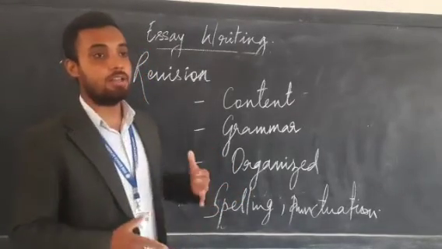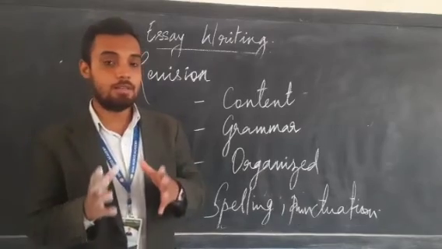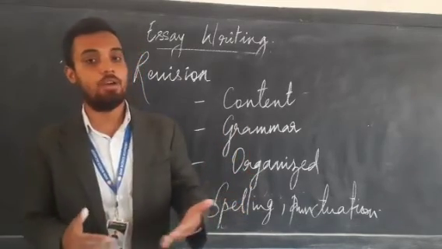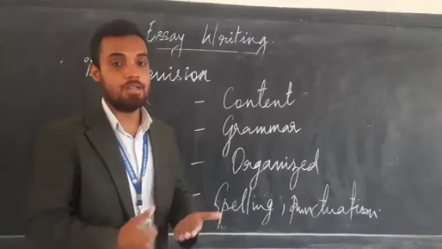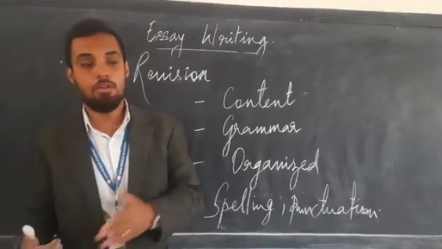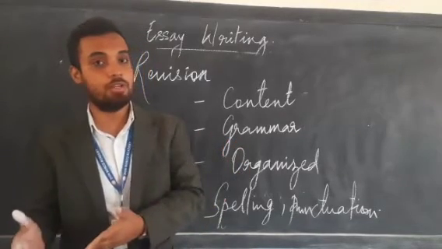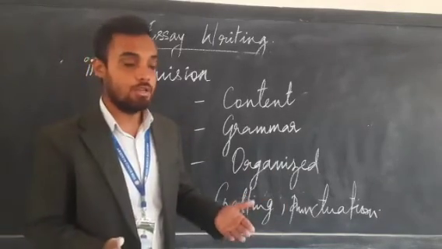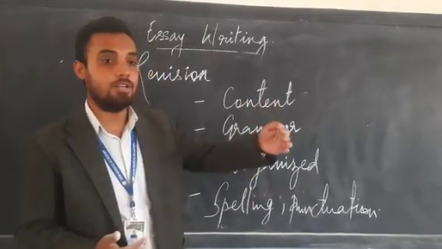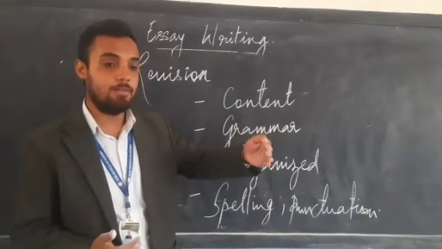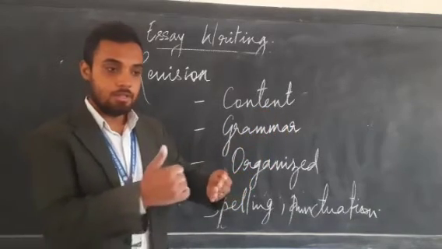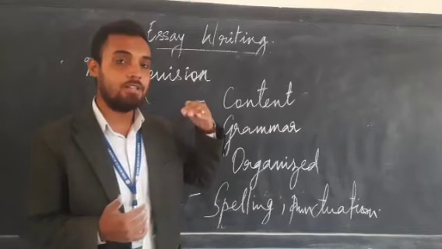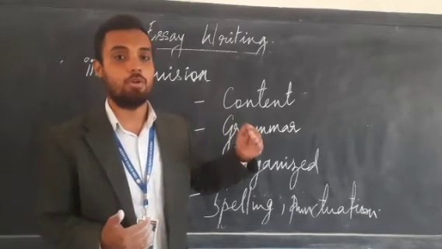Organized. When I say organized, that simply means for the points that you have written, whether they are written in order or not. Whether you have mentioned the first point in the last or the last point at the first. Okay? Once you start writing, the most important and strongest fact needs to be explained in the first point.